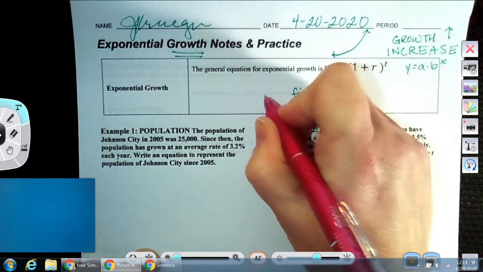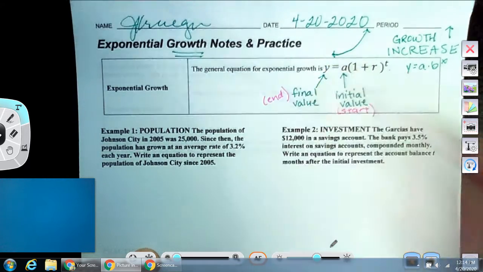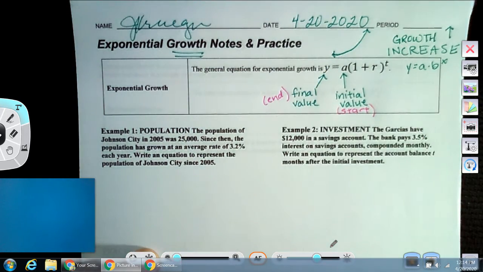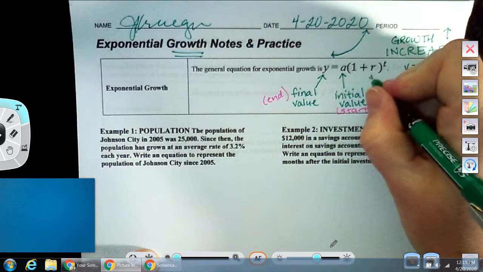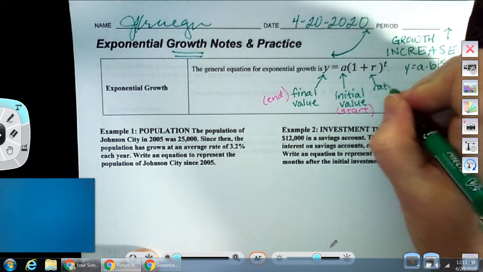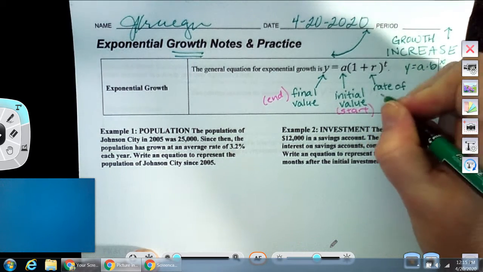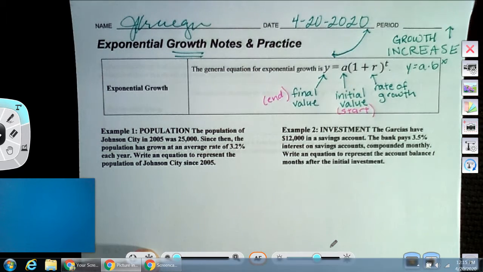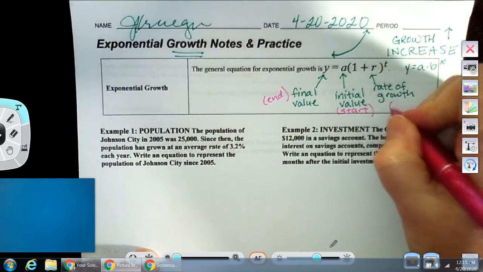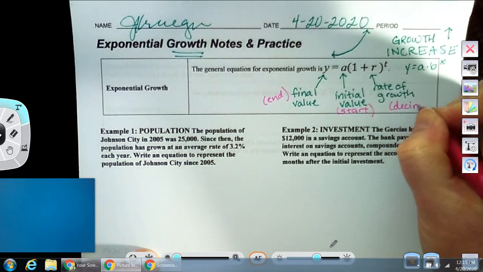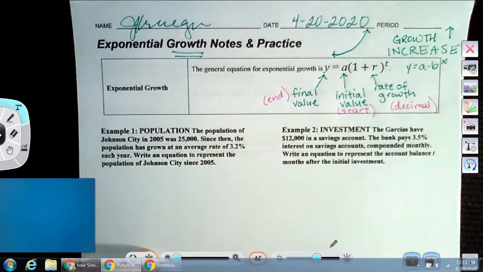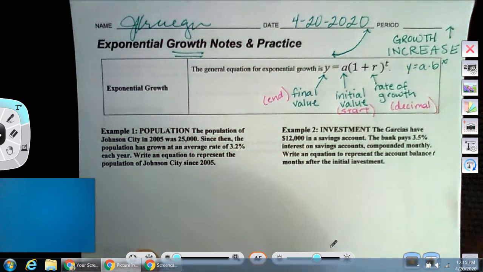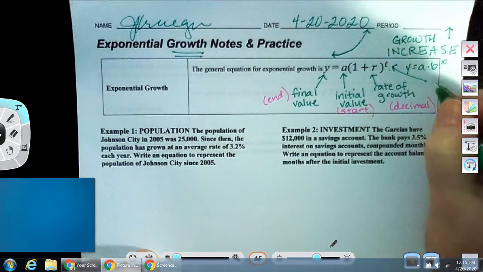Okay, final means what we have at the end. R is going to be the rate of growth. And we're always going to write our rate as a decimal. Okay, and then t is the time that has passed.